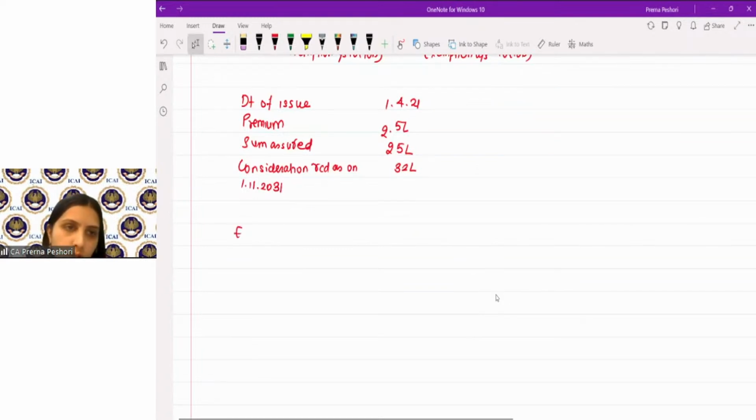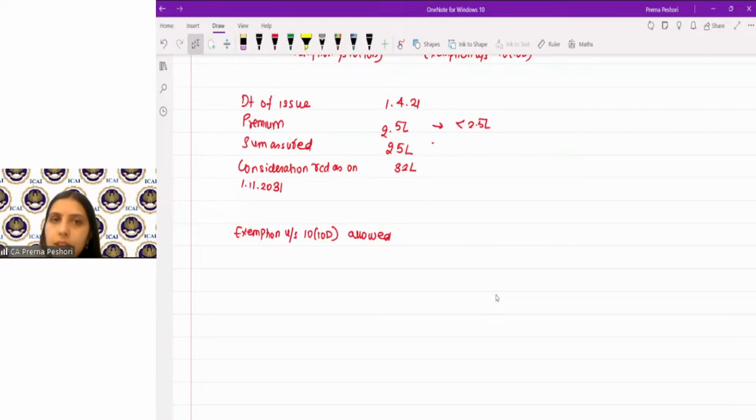So exemption under 10(10D) is allowed, because this is less than 2.5 lakh and also less than 10% of the sum assured.